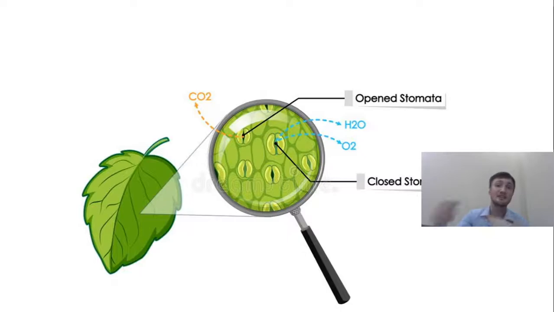They also take those things in when they need it. So that's all you need to know. There's these little holes on the bottom of the leaf called stomata. And they open and close and they let gases in and out. These gases are carbon dioxide, water vapor, and oxygen. Great. That's it.